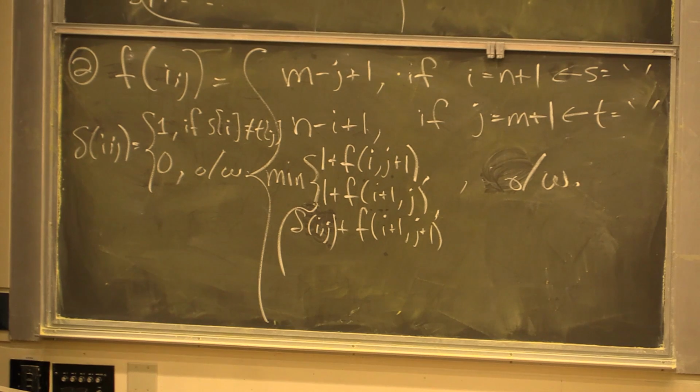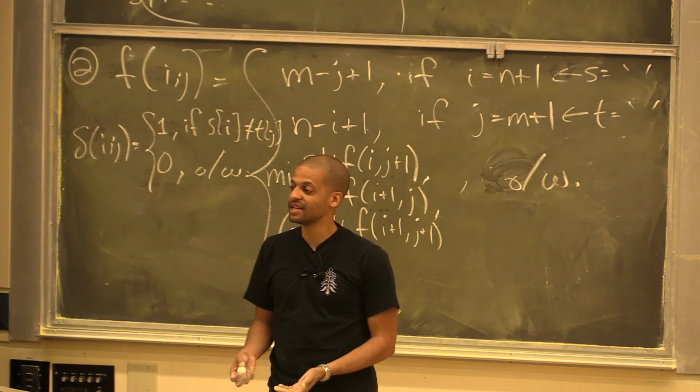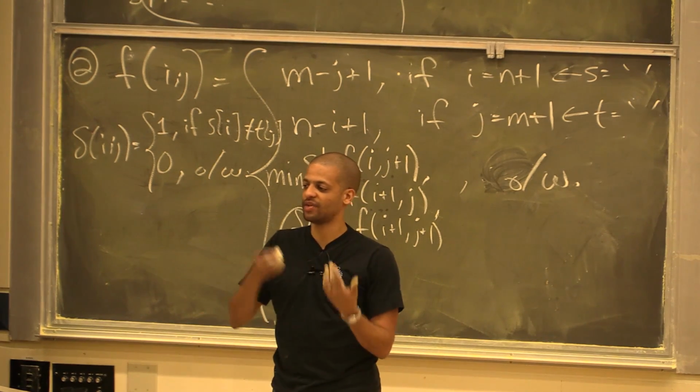Another advantage is, you might have a problem where you have some complicated recursion and it's not a priori obvious what subcalls you'll eventually make, like what inputs you'll eventually call f on.